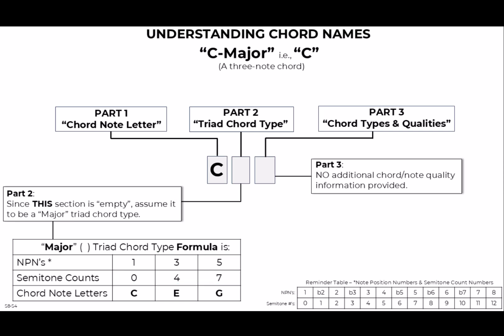I have also included a quick reminder table in the lower right corner to show the equivalent alignment numbers between the note position numbers, again abbreviated NPN, and semitone count numbers, which again never change. For Part 3 in this example chord, there is no further chord type or note quality information to decode.